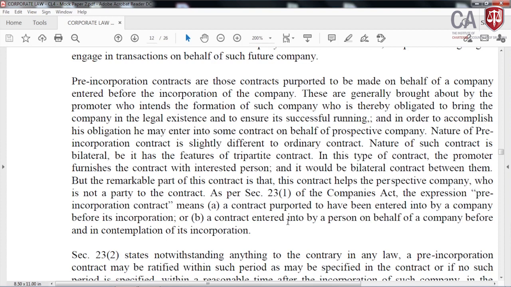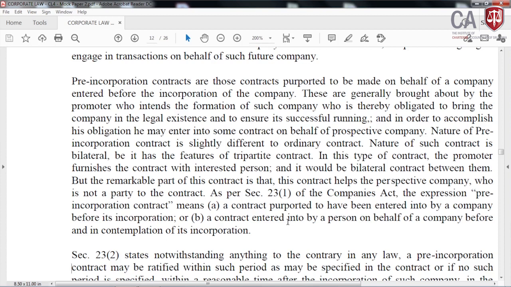The nature of such a contract is bilateral between two parties, though it has the features of a tripartite contract sometimes. In this type of contract, the promoter furnishes the contract with an interested person, and it would be a bilateral contract between them.